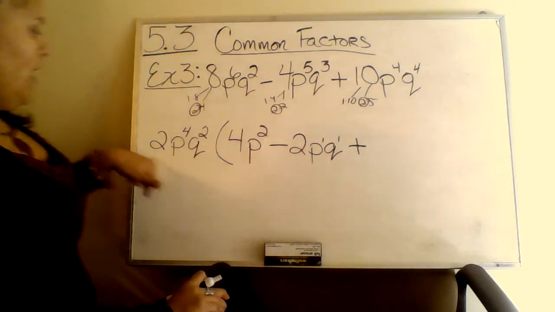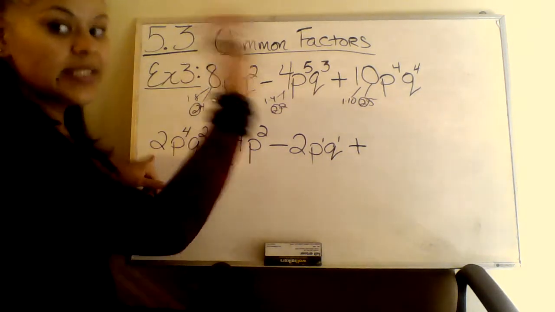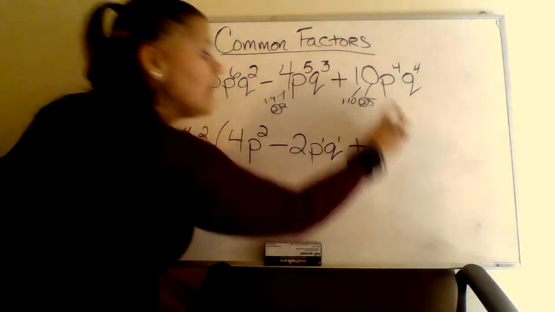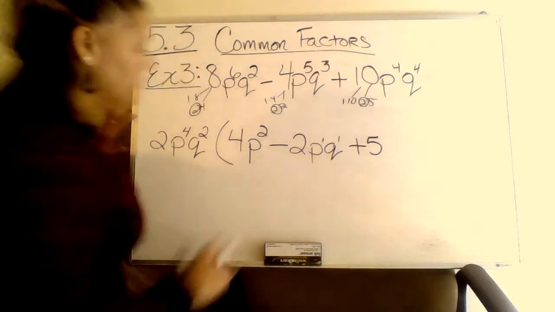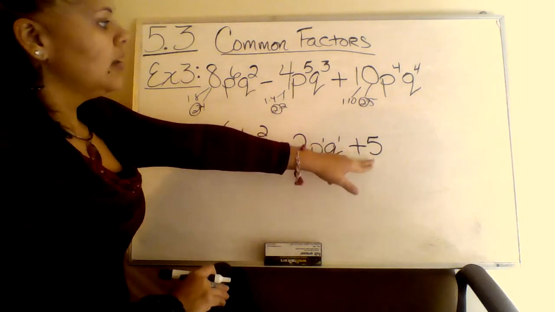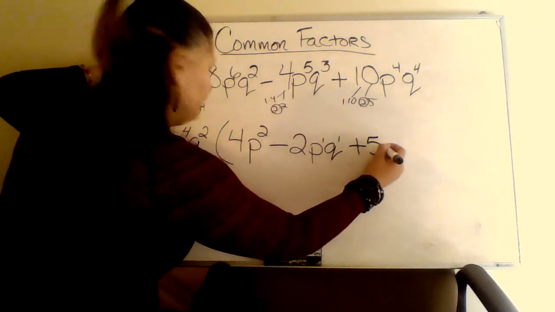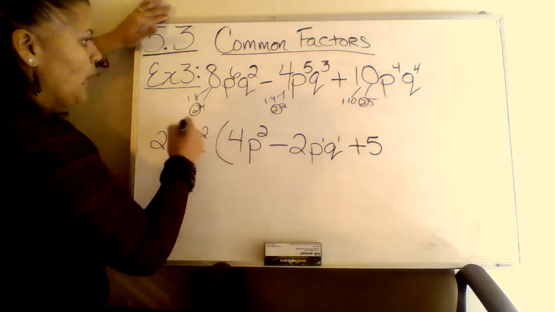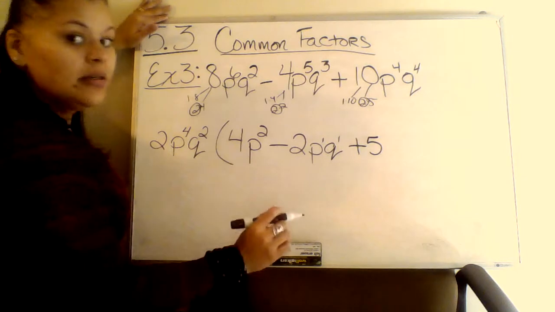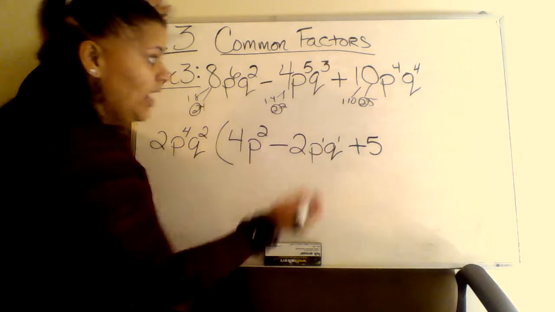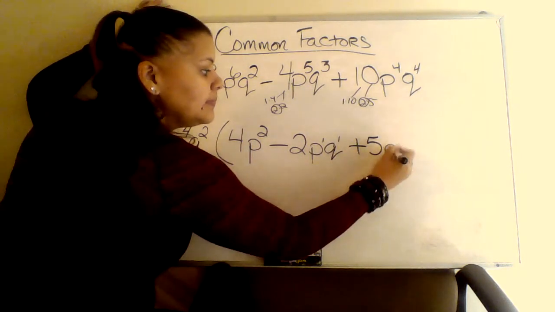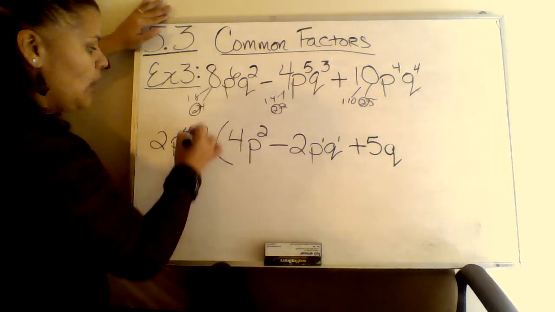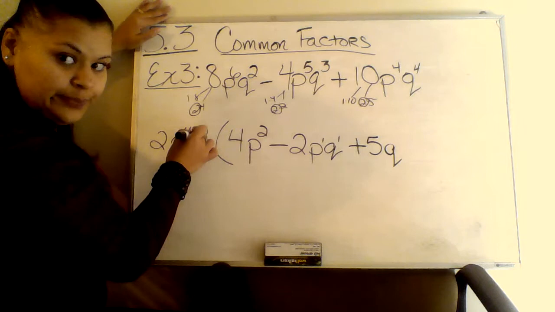Now 10. I have 2 out here. 2 times something gives you 10. That something is 5, the leftover in there. Now you deal with your P if you need it. P to the 4th. I have a P to the 4th there already, so I don't need any more P's. Now Q's. Q squared is out here, so I have 2 Q's.